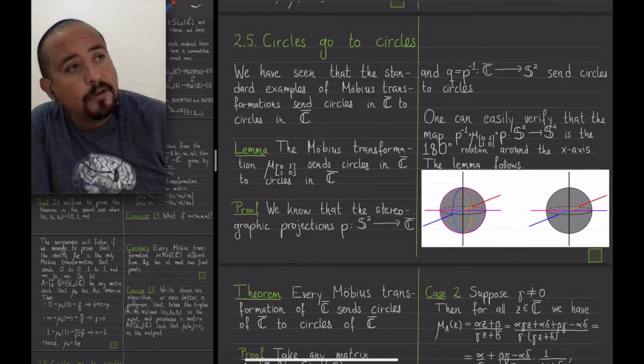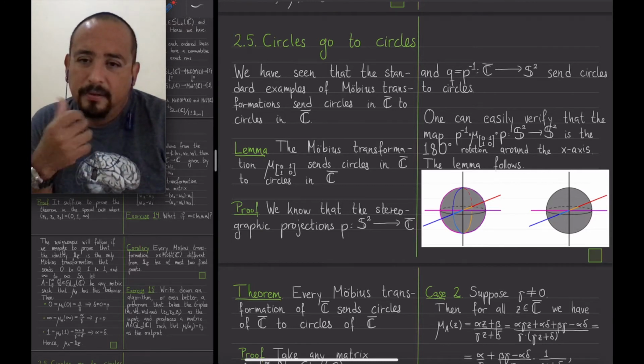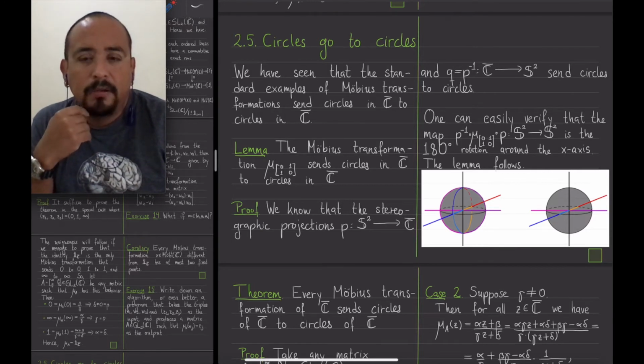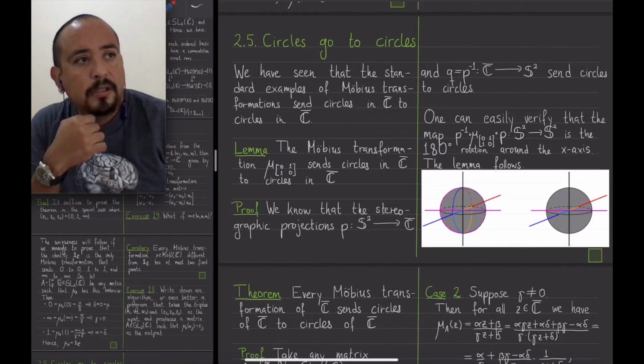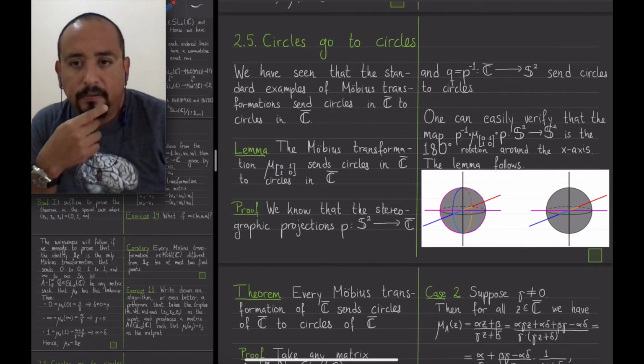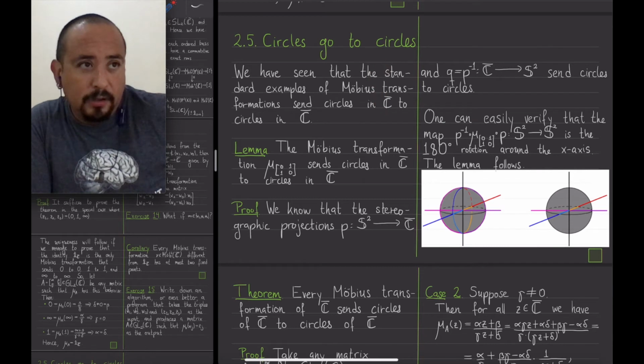Okay, now why would it occur to me that circles go to circles under Möbius transformations? I mean, what is the moment where I conjecture that any Möbius transformation sends circles in C bar to circles in C bar? I would say that the moment where one conjectures that is when one sees the standard examples, because in them, it is just obvious.